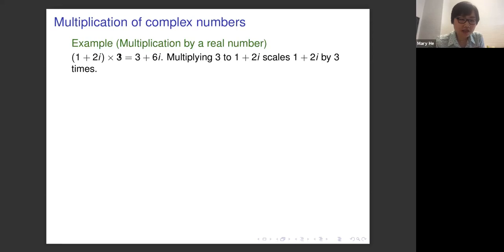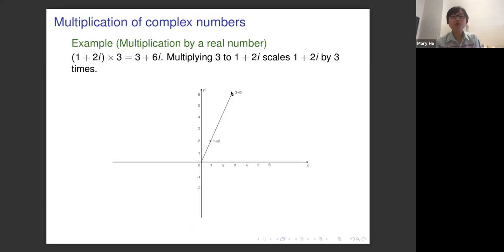So if I want to multiply 1 plus 2i by 3, I also do this distribution, right? So I first use 3 to multiply with 1, so I get 3, and then 3 multiplied by 2i, I get 6i. So basically, multiplying 1 plus 2i by 3, I get 3 plus 6i.